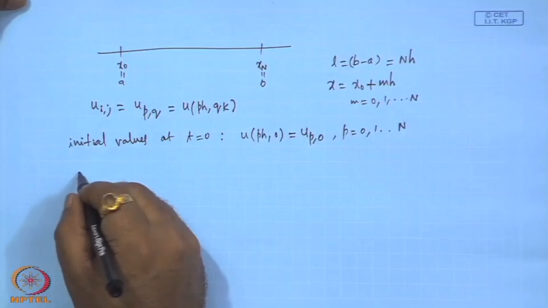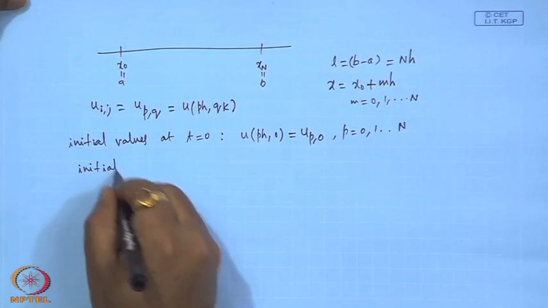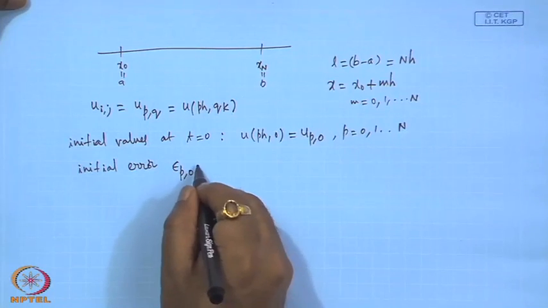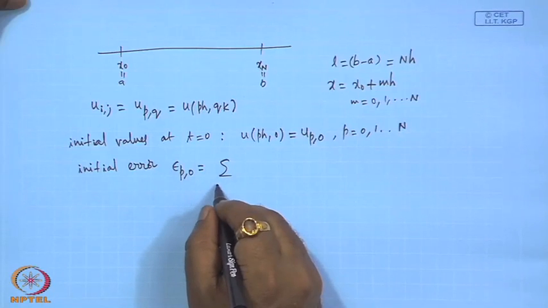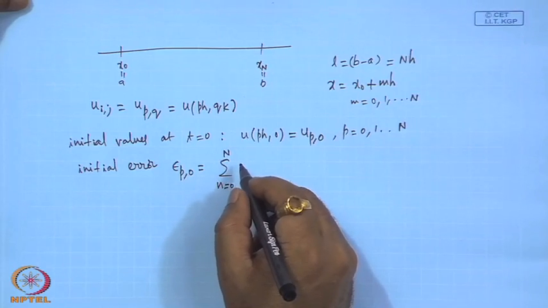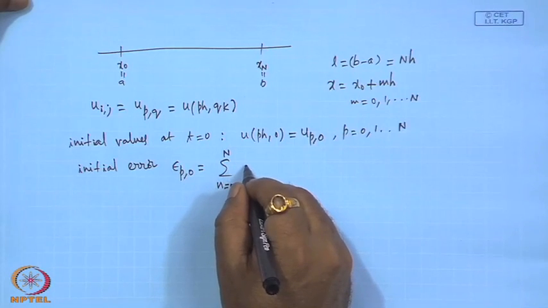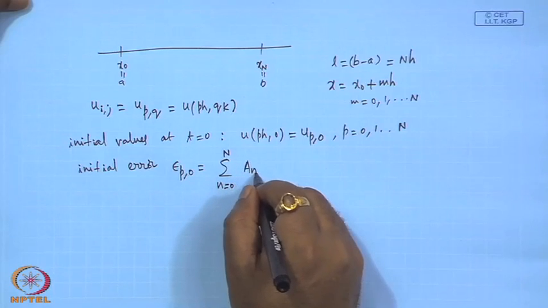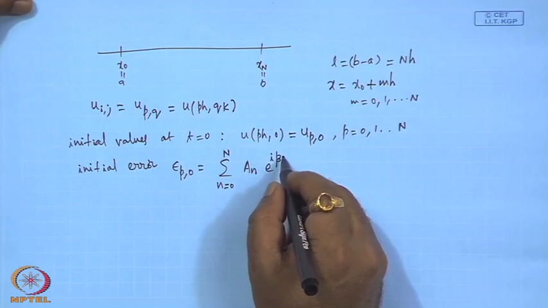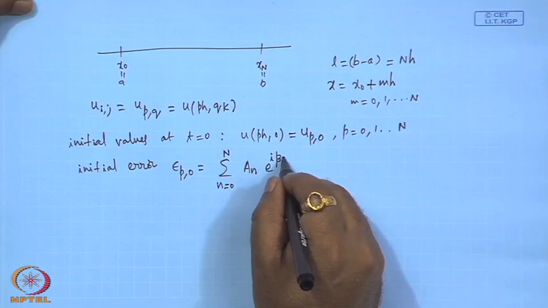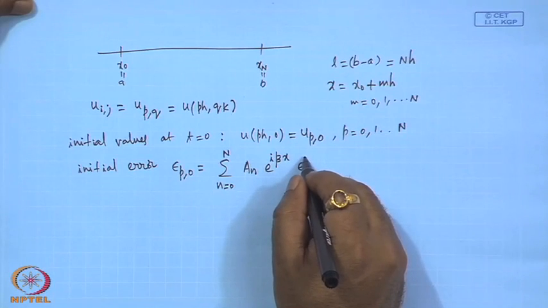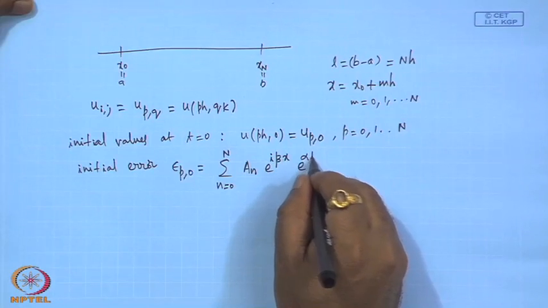Okay. Now, the initial error we expand as follows: the initial error is a n, e power I beta x, e power alpha t.